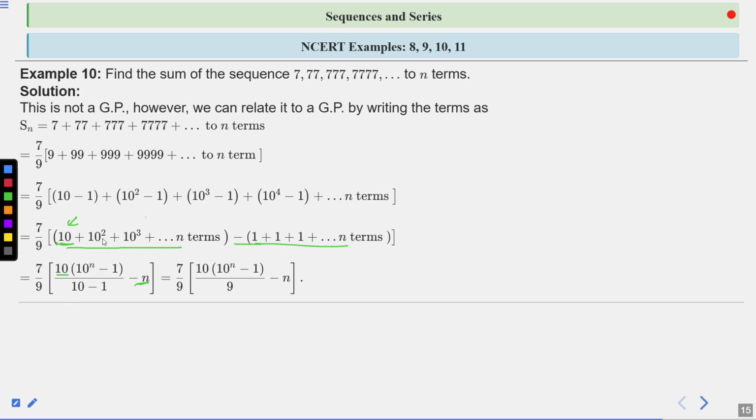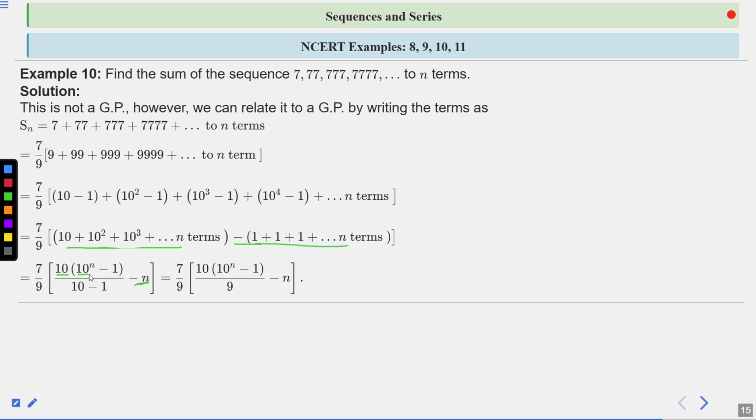So in order to find out r, how are you going to find out r? Quite simple. Just divide a2 by a1 or a3 by a2, any. As in GP you will always get common ratio r, some constant number. So in this case your r is 10.